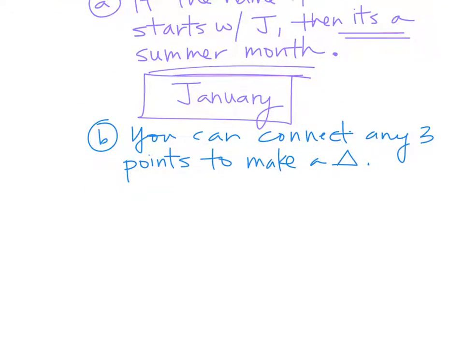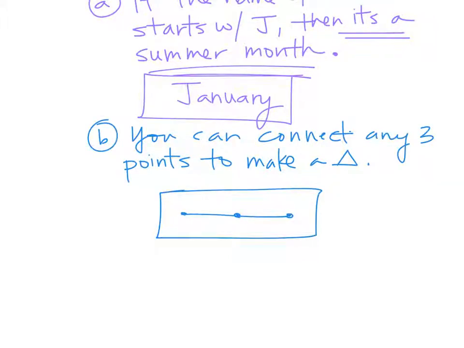And if you need to see it as an if-then, you can turn it into an if-then, right? So if you connect any 3 points, then you can make a triangle. If that helps you to hear it a little better, see it a little better. What would a counterexample be? A straight line. So if I have 1, 2, 3 points connected, it doesn't make a triangle, right? But it is a counterexample to what we have in letter B there.